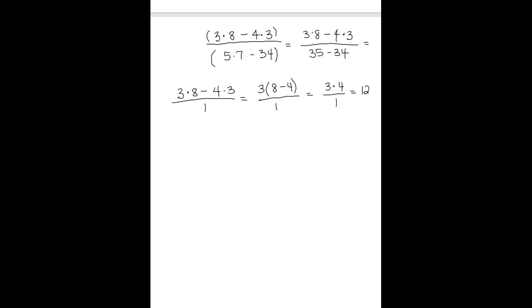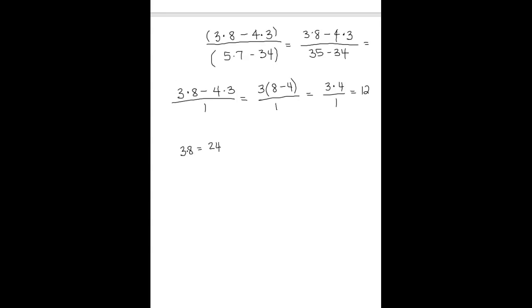Now, if you didn't spot this, or if you're not comfortable with this step of factoring out the 3, you could just as easily say, well, 3 times 8 is going to equal 32, or I'm sorry, 24. So 24, right?